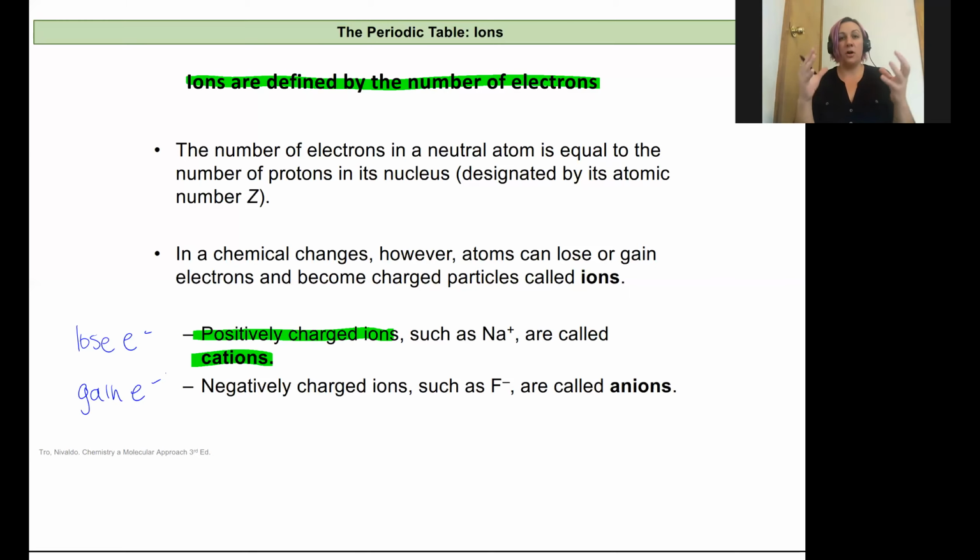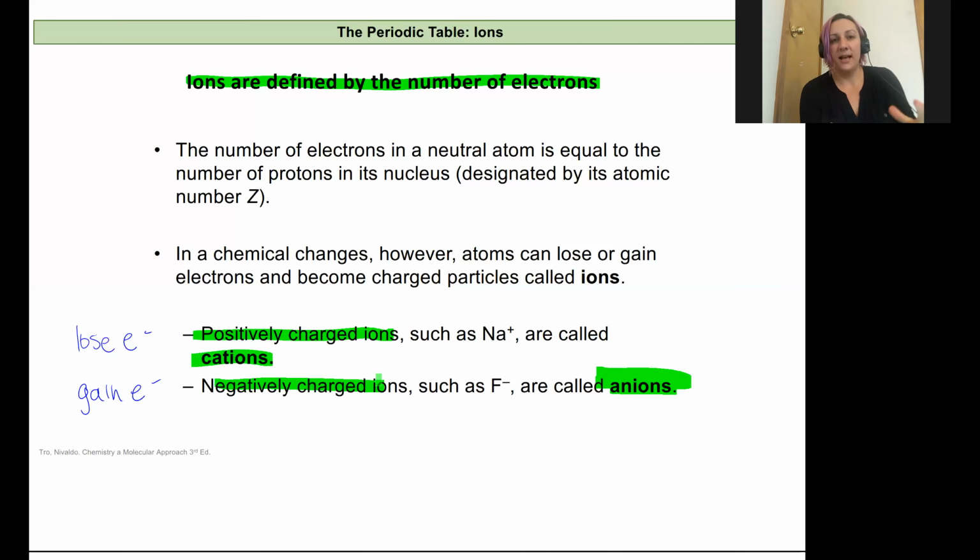And so it'll have an overall negative charge because there's more negatively charged particles than positively charged particles. And these we call anions. So cations are positive, they lose electrons. Anions are negatively charged, electrons were gained.